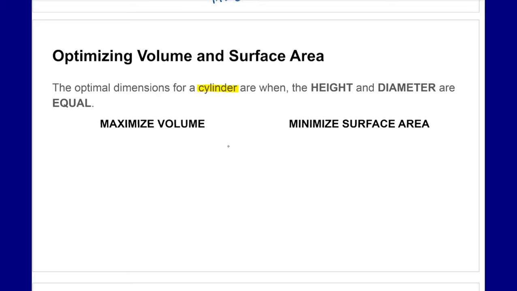If I have a cylinder and the height and the diameter are the same, that's essentially saying we have a cylinder that would fit into a cube.